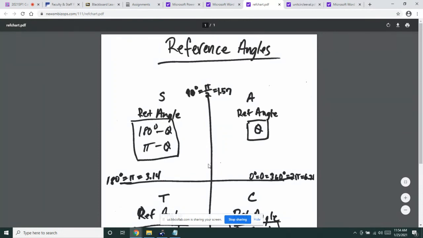The first thing is that notice you have the x and the y axes. Those x and y axes split this plane up into 4 regions: quadrant 1, quadrant 2, quadrant 3, quadrant 4. And notice this ASTC.